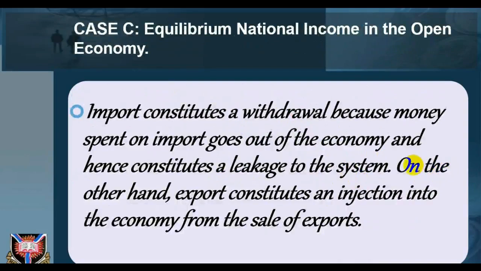We now have a new form of withdrawal, that is, import, and another injection, which is export. Import constitutes a withdrawal because money spent on import goes out of the economy and hence constitutes a leakage from the system. On the other hand, export constitutes an injection into the economy from the sale of exports.